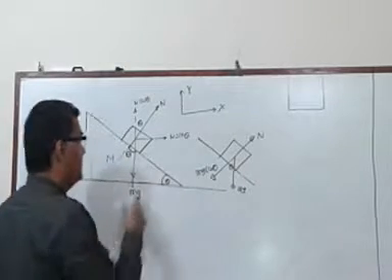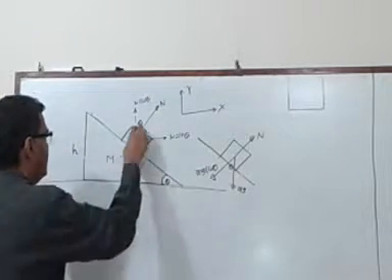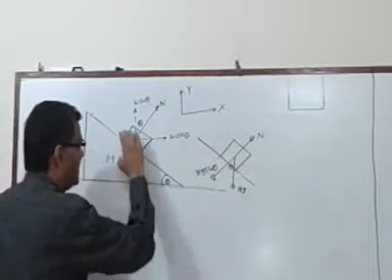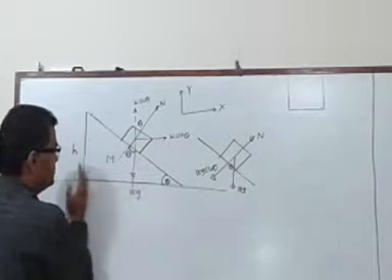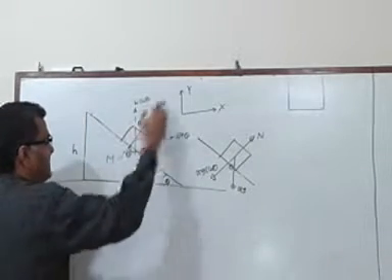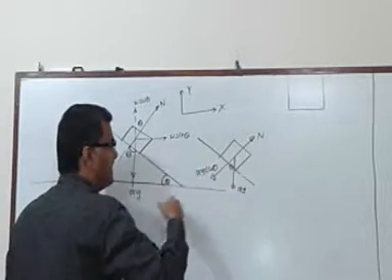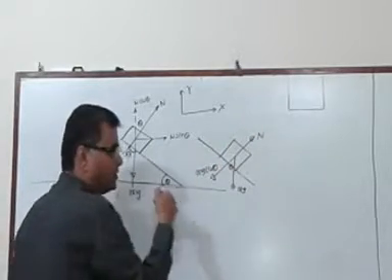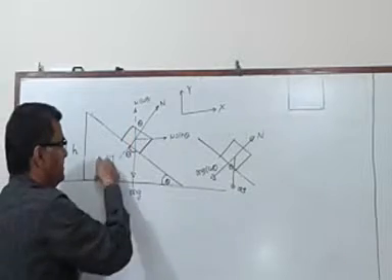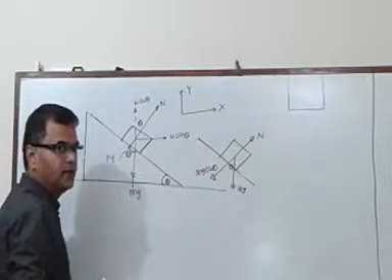But please note, in this particular problem, as the block is sliding down to the right, the wedge is also moving to the left, and that is why this N and mg cos theta will not cancel out each other. In fact, they will provide a component of acceleration in the direction perpendicular to the plane.